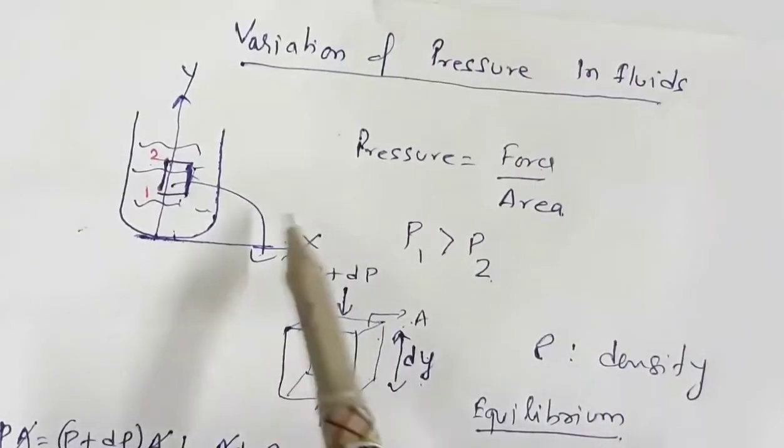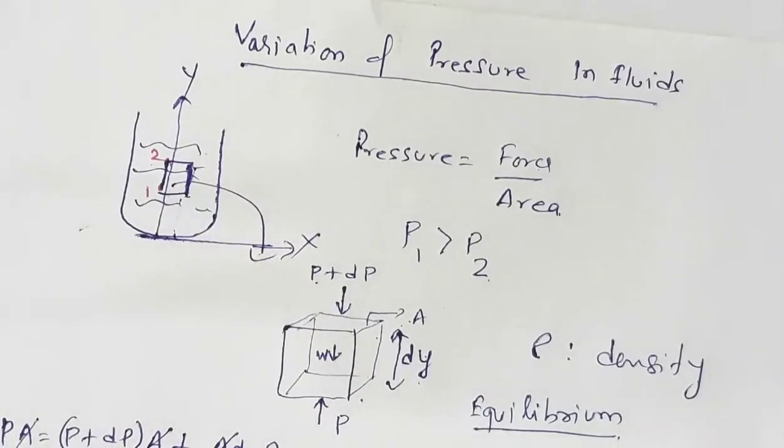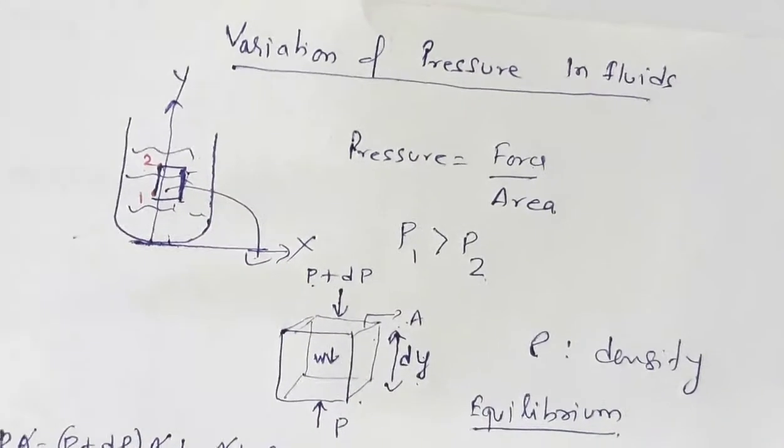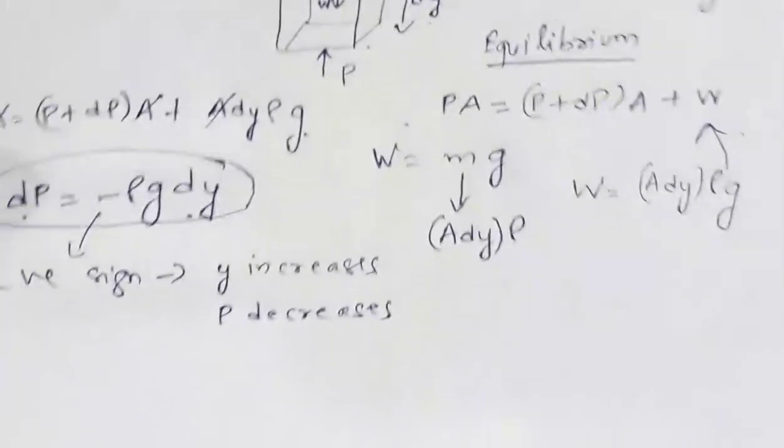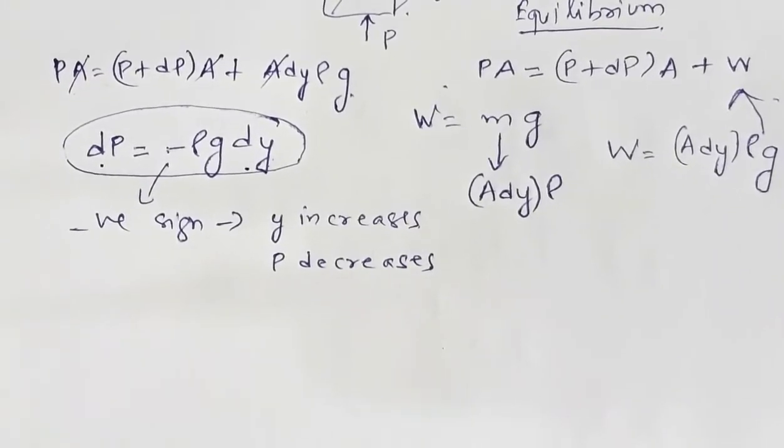So mathematically we are sure that as we move from 1 to 2, the pressure decreases.